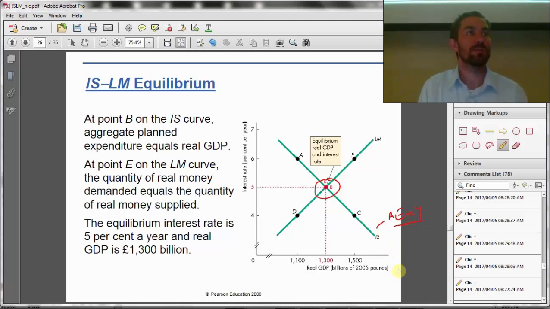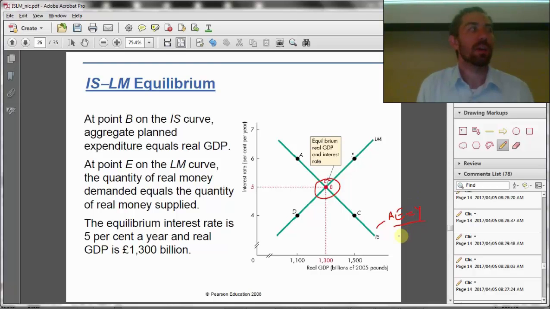Okay? So we're not going to have unplanned inventory changes at point B. Are we happy with that? Do I need to repeat it? At point B, are you happy that we are on the IS curve? Are you happy that all the points of the IS curve are points of equilibrium in the aggregate expenditure model?